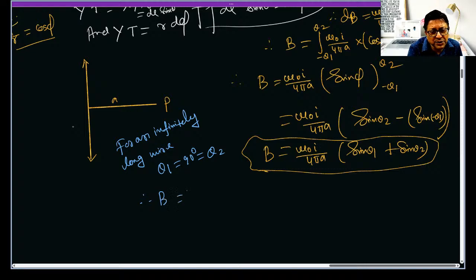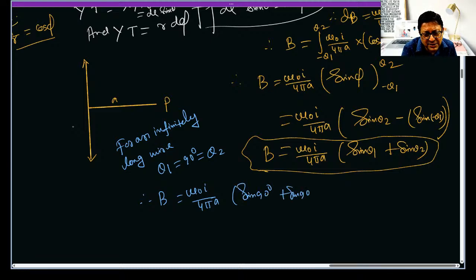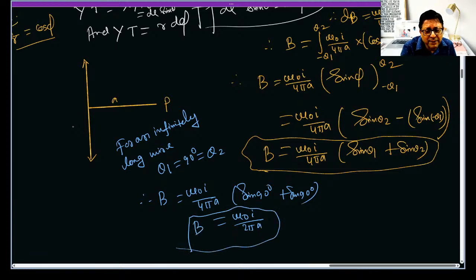So B is going to be mu 0 I by 4 pi a, sin 90 plus sin 90. So it is 2 mu 0 I by 4 pi a, which is mu 0 I by 2 pi a. This is very important. We will derive this using Ampere's circuital law also. Clear? So the magnetic field at a distance a from an infinitely long wire carrying a current I is given by this.